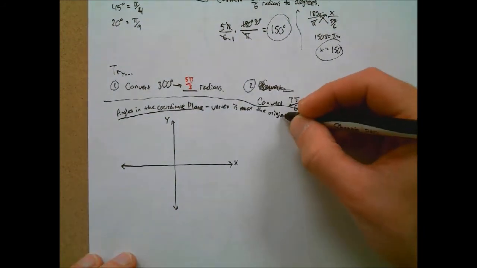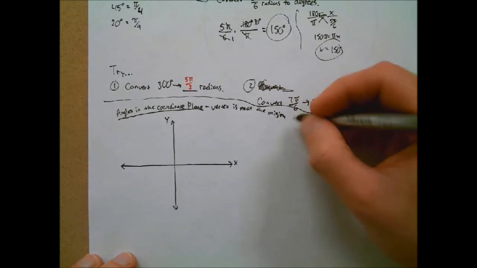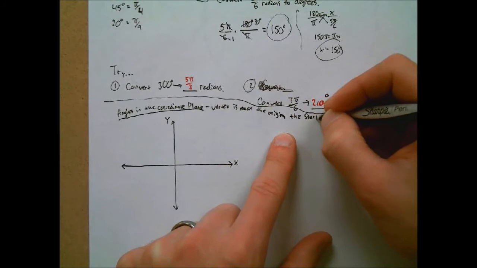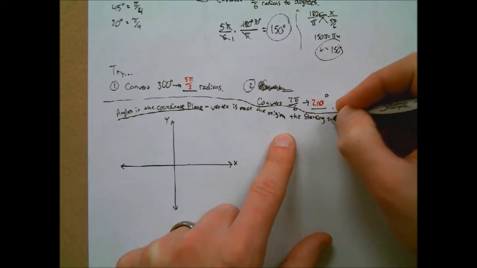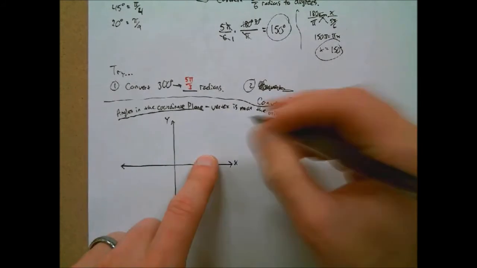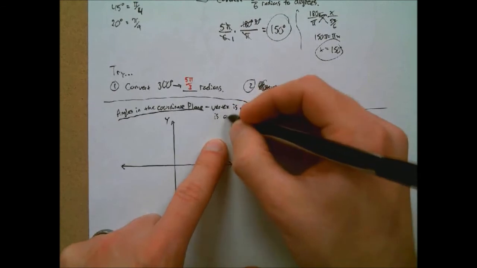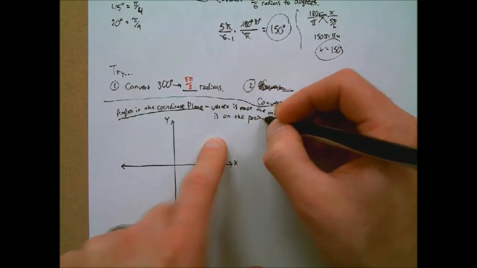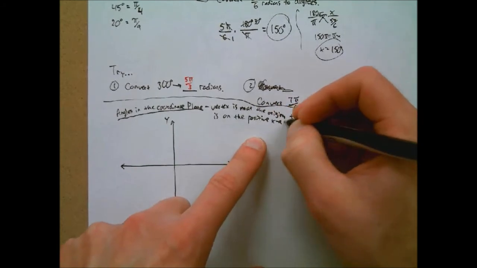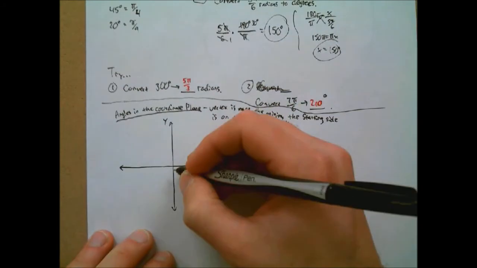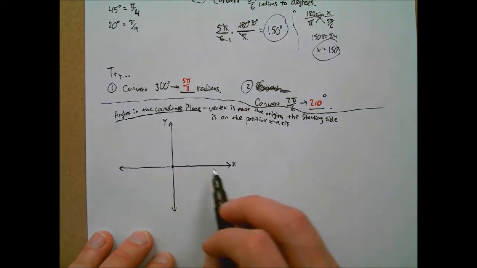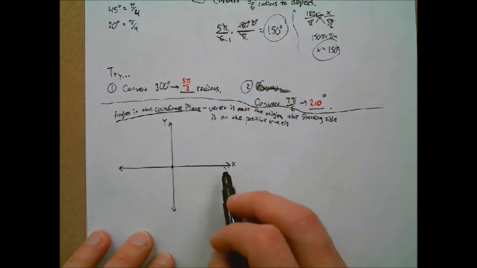Also, the starting side of the angle is on the positive x-axis. In other words, the vertex is here, and one side of our angle will always start on the positive part of the x-axis.